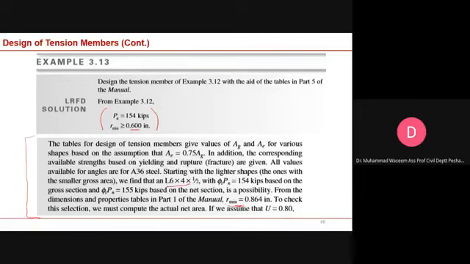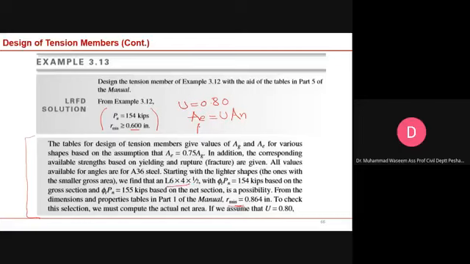Now if you remember, in the example the U value was 0.8 and we were using a bolted connection. The effective area was related to the net area.